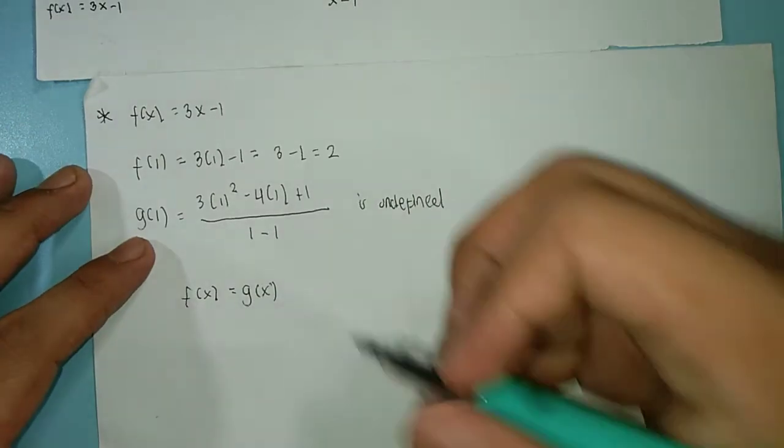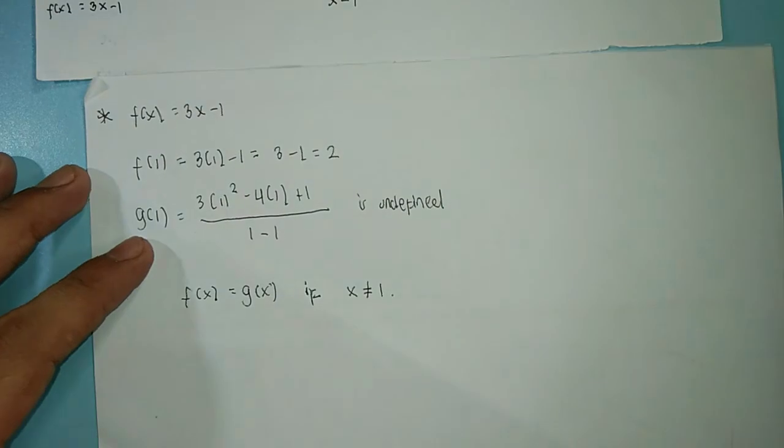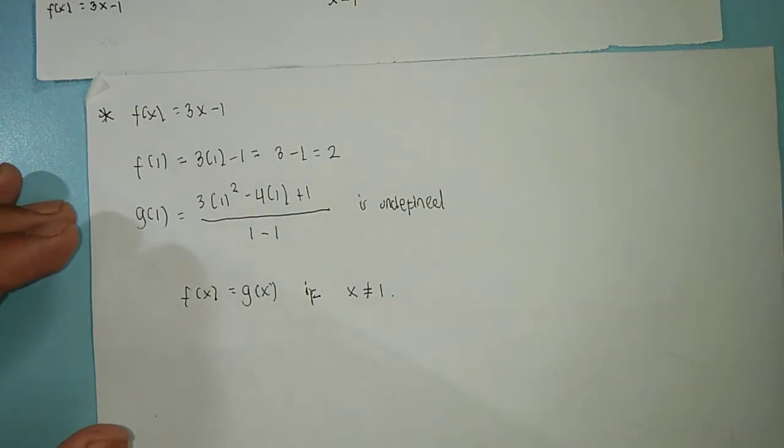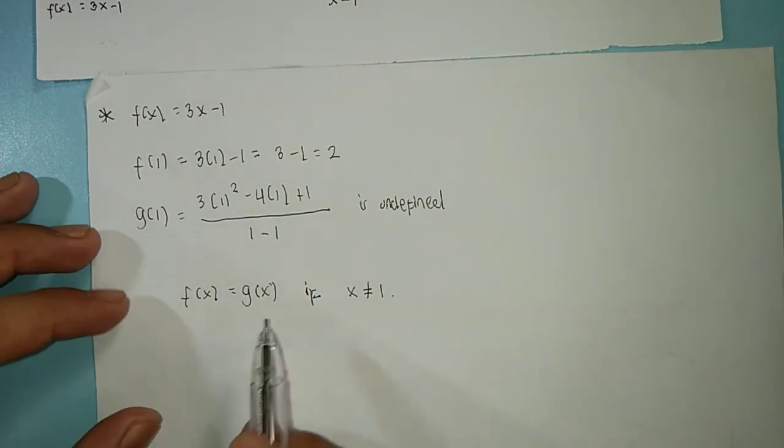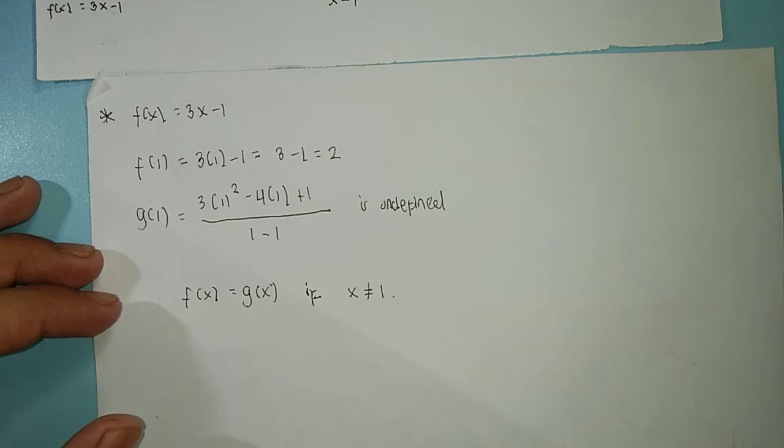Kung yung x natin ay hindi equal sa 1. Okay? So ibig sabihin, yung f tsaka g ay identical except only at x equals 1. Okay?